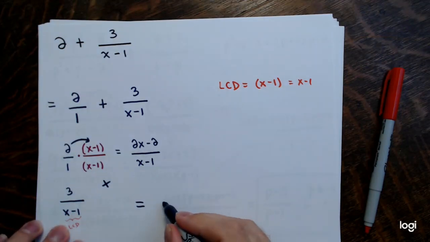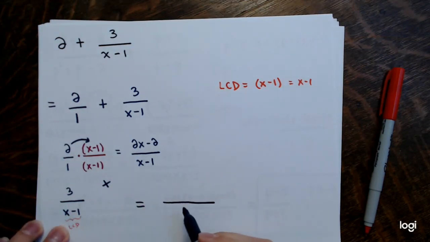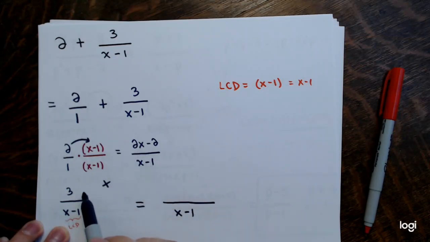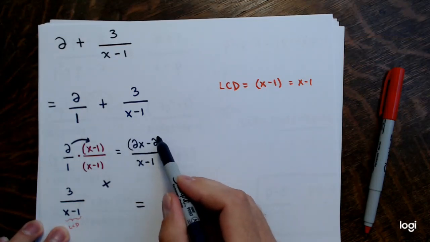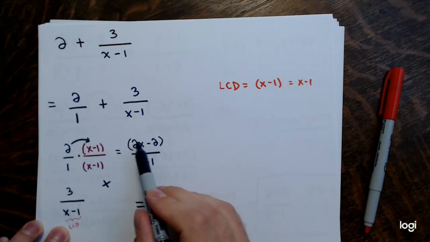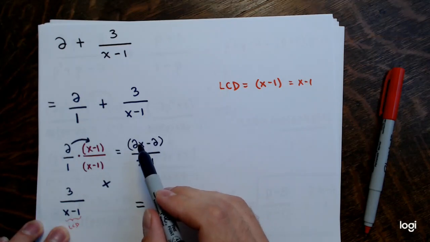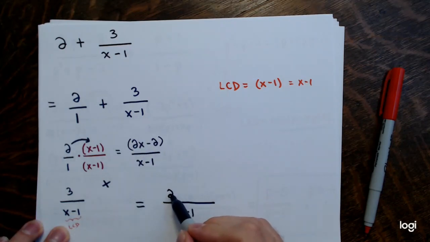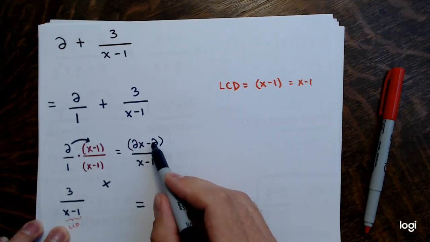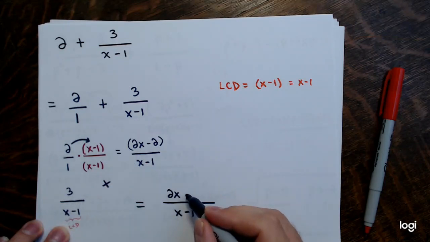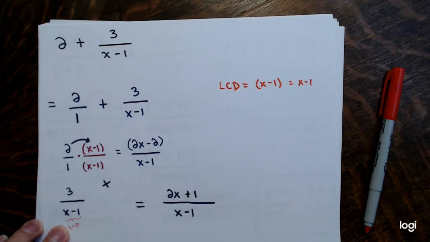So the sum will have that common denominator, x minus 1, and then you add the numerators. This has multiple terms, so I'll put in parentheses: you're taking this numerator, 2x minus 2, plus 3. So there's only 2x, plus no x would be 2x, and then negative 2 plus 3 would be plus 1.